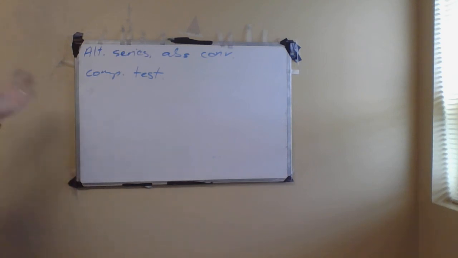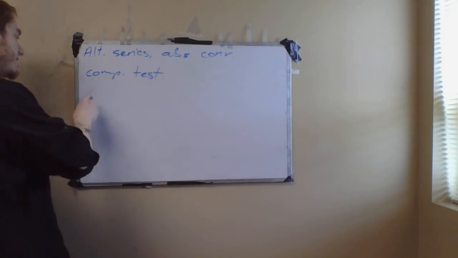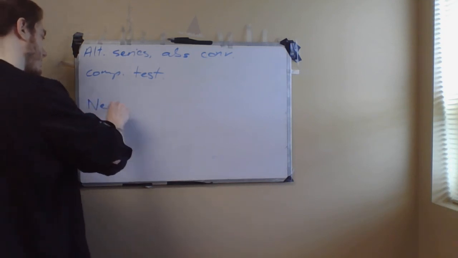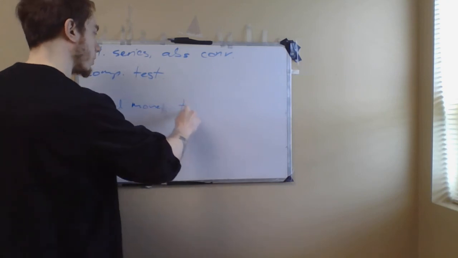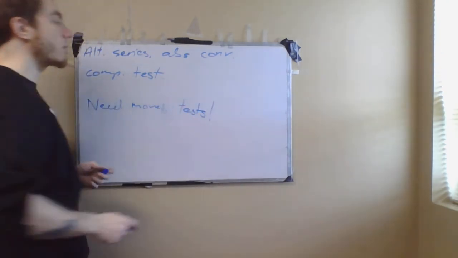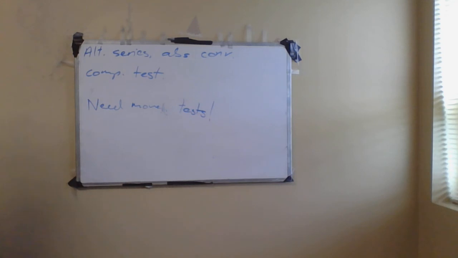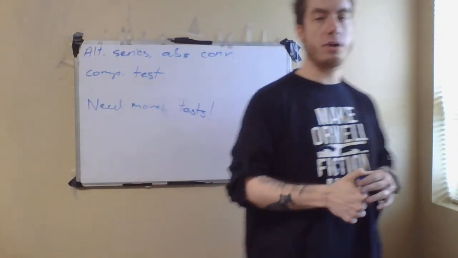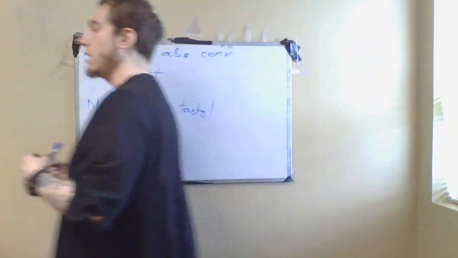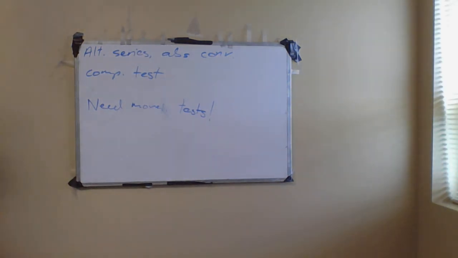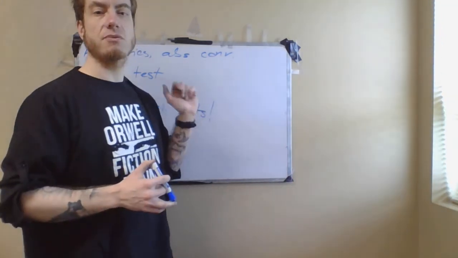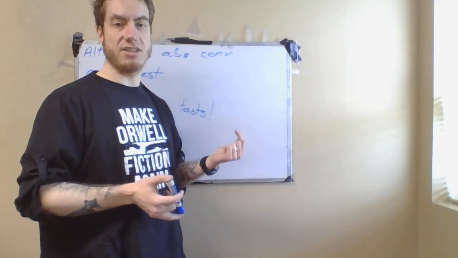But anyway, we need more tests. And that's what we're going to be looking at next time. So we have things where we can test for convergence for positive series, and thus can test for absolute convergence of any series.